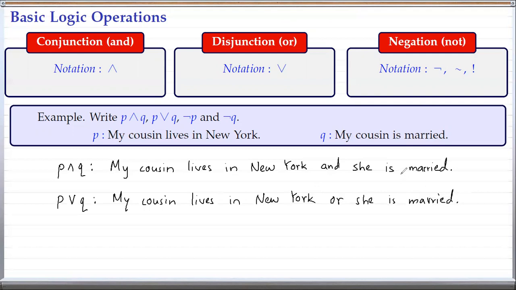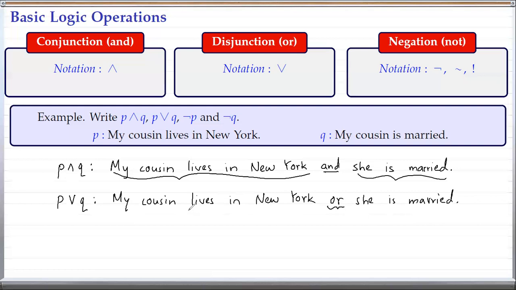Again, comparing the and statement and the or statement, when you combine by and, both of these must be true. Your cousin must be living in New York and she must be married for the statement to be true. But when you combine by or, just one of these two may be true.